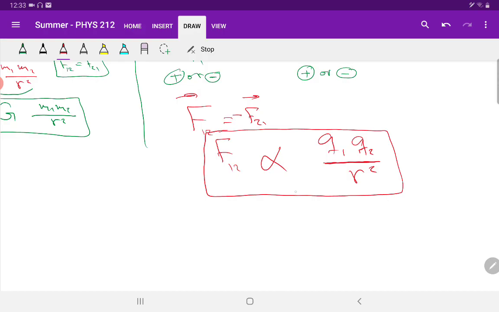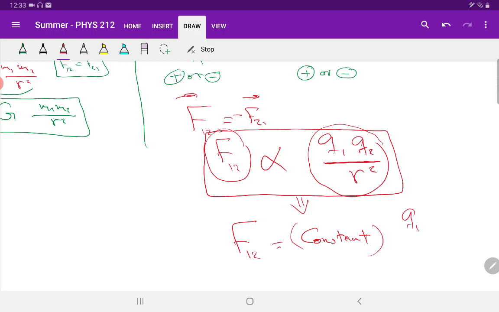In this case, I can translate this proportionality statement to an equation. We say F12 equals a constant, because when I say F12 is proportional to this, it means F is linear with this whole thing, Q1 Q2 over r square. And linear means a constant times Q1 Q2 divided by r square.